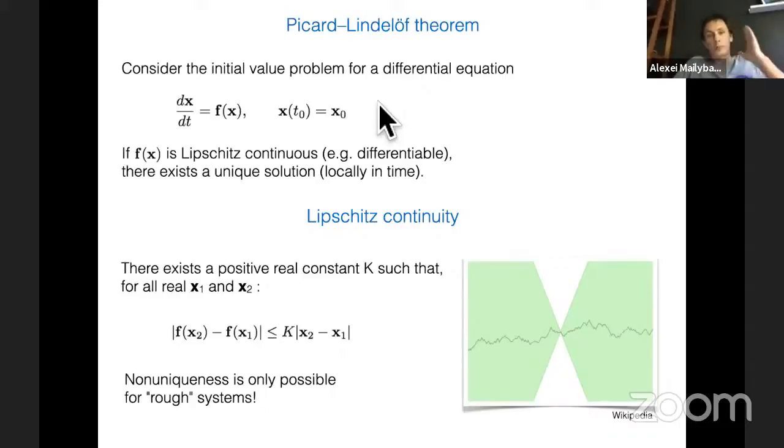So this is absolutely necessary because of the Picard theorem. Picard theorem tells that whenever the right-hand side is Lipschitz continuous, there exists a unique solution to the equation. So no choice can be made.